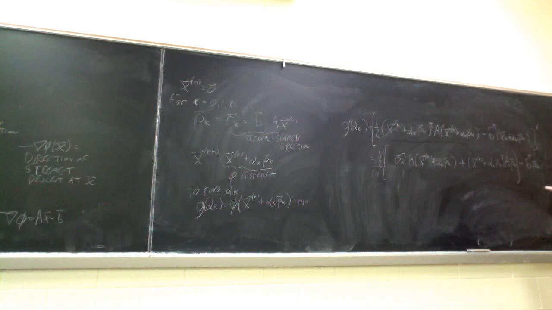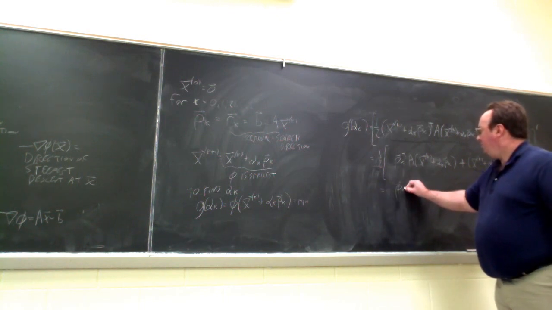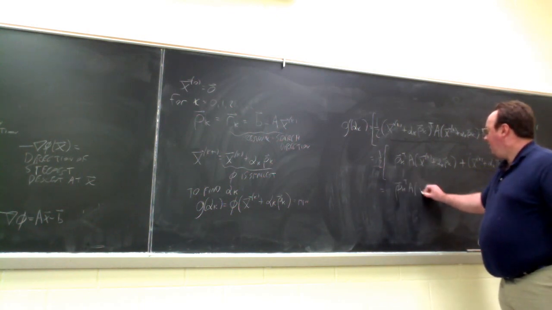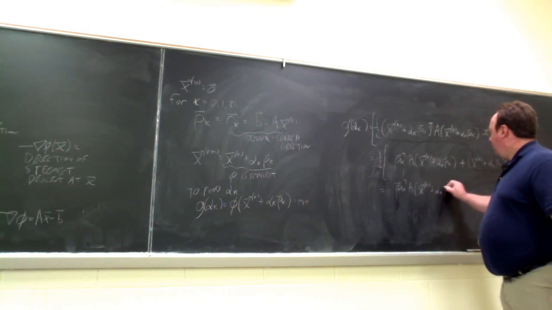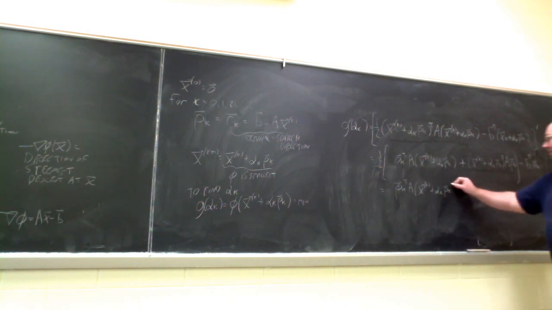So in fact, I can transpose all of this and I get exactly that, because A is symmetric. So this could be condensed to pk transpose A pk, so I have 2 of these divided by 2. And then there's still this other thing here.